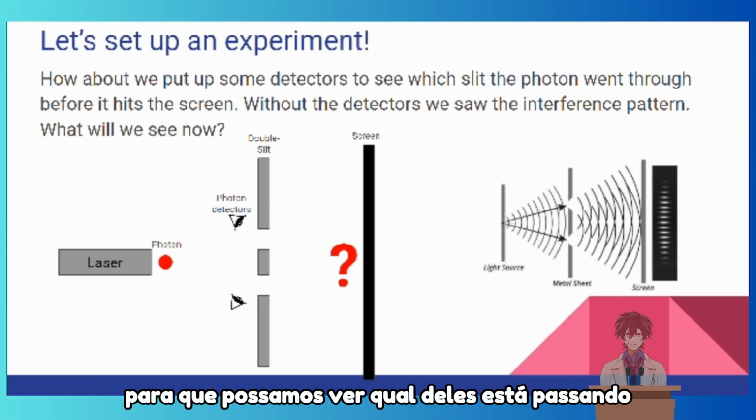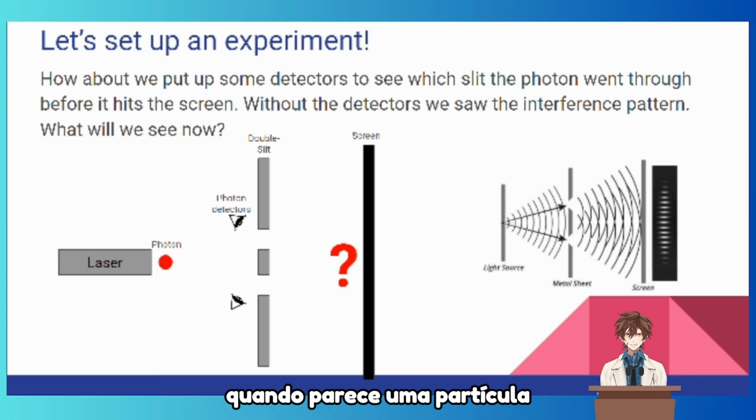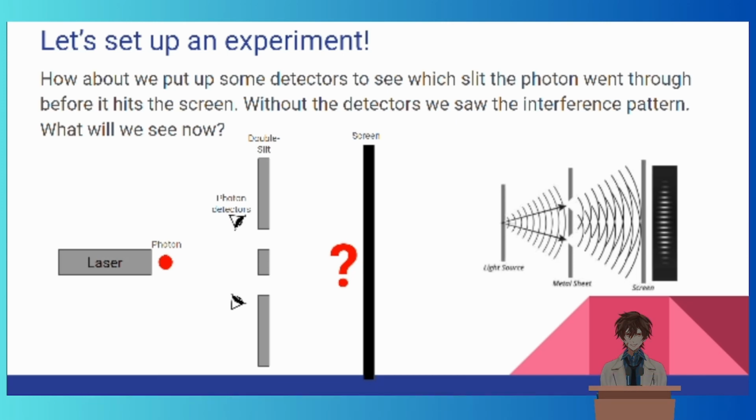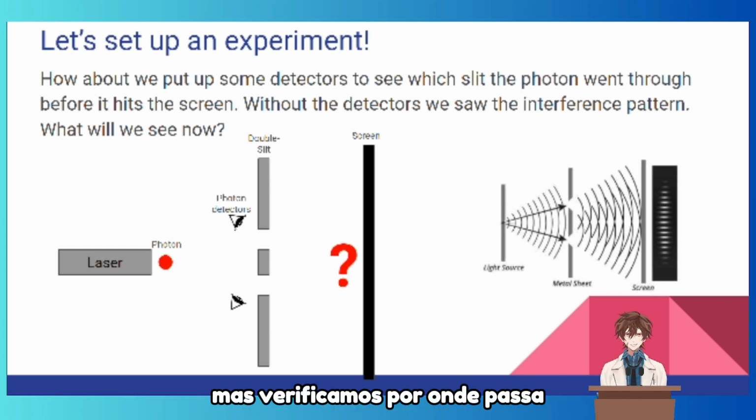So we can just see which one it's going through and understand what the heck is causing it to behave like that when it looks like a particle. And so let's just run the same thing again, but we check which slit it goes through. What do you think the pattern is going to look like?